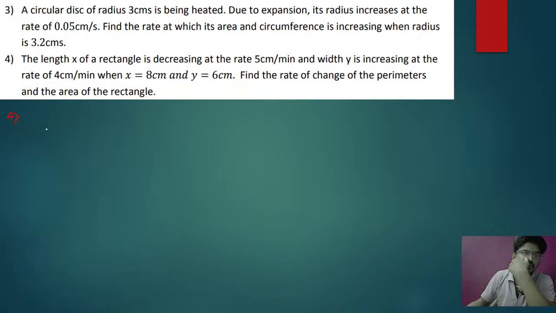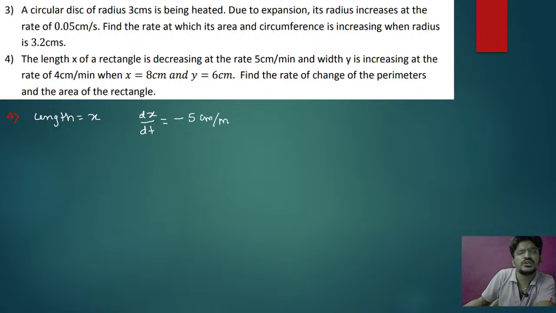The length x of a rectangle is decreasing at the rate of 5 centimeters per minute, that means the rate of change of length is minus 5 centimeters per minute.